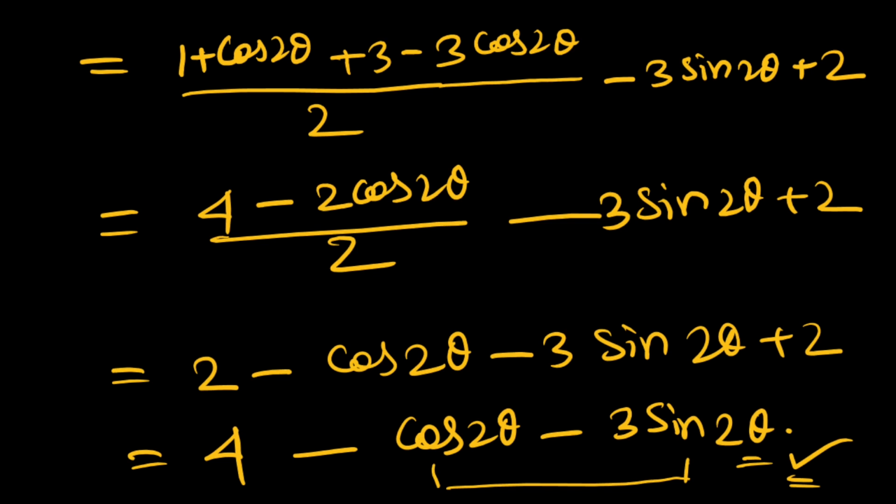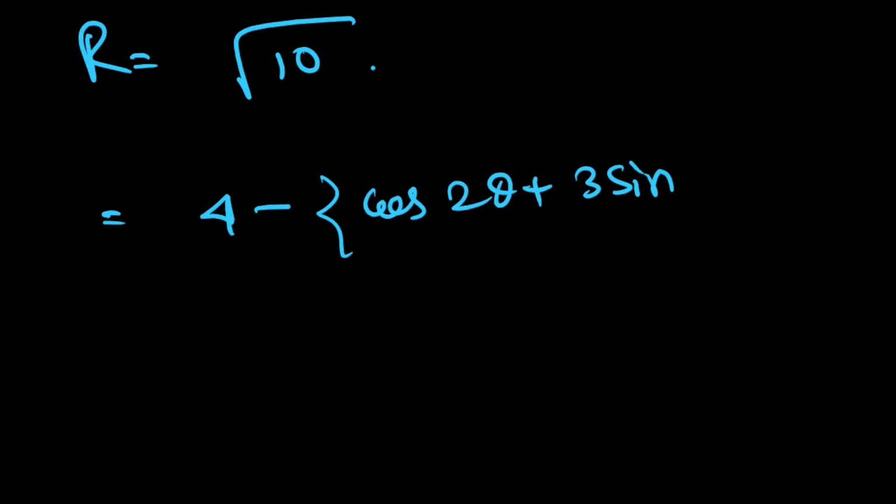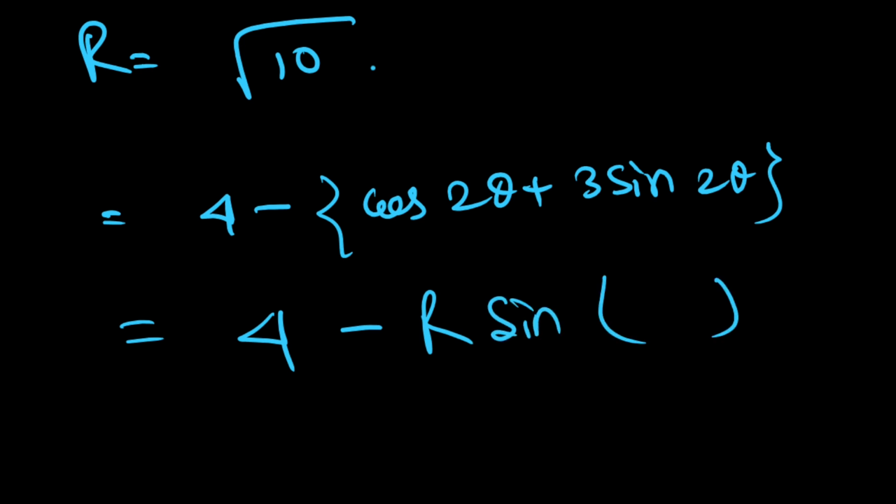So we put this maximum value of cos 2 theta plus 3 sin 2 theta into our function. We simplify it this way: 4 minus cos 2 theta plus 3 sin 2 theta. We write it as 4 minus r times a sine function, where r is root under 10.